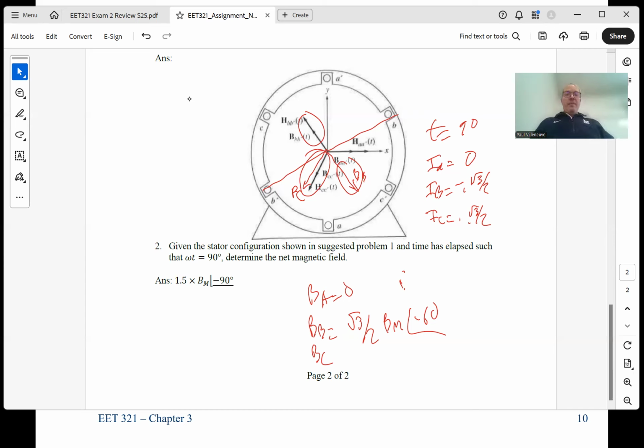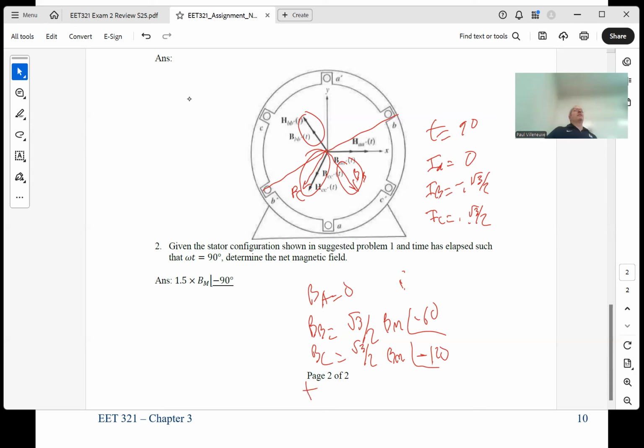For B sub C, it lines up with the original one if there was zero current going through. Over here, B sub B is in the opposite direction of the original one because it's a negative current flow. So now B sub C is square root of 3 over 2 times B sub M. And then the angle here is going to be minus 120.